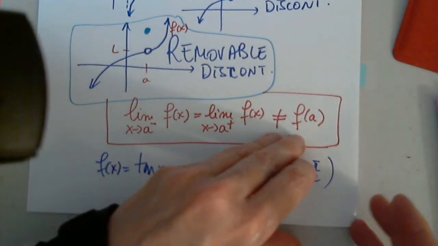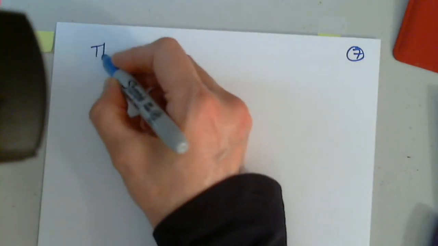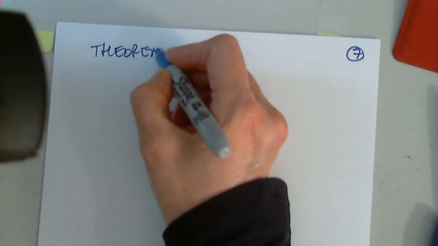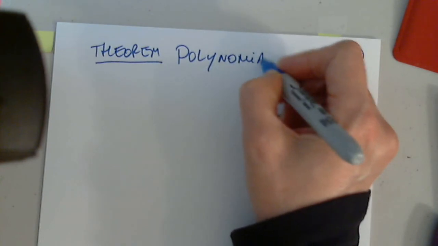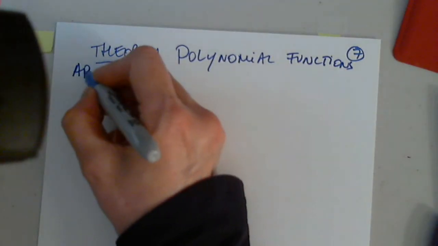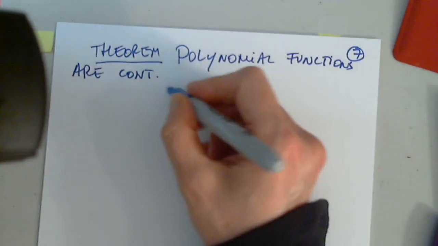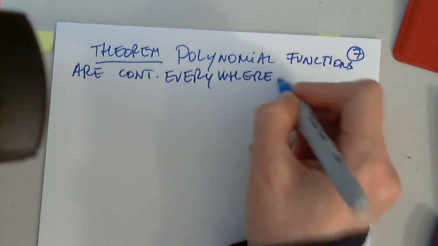So we have functions that are continuous everywhere, like polynomial functions. So which page am I on? I'm on 7. So we can say as a theorem, polynomial functions are continuous everywhere, because that's their domain.